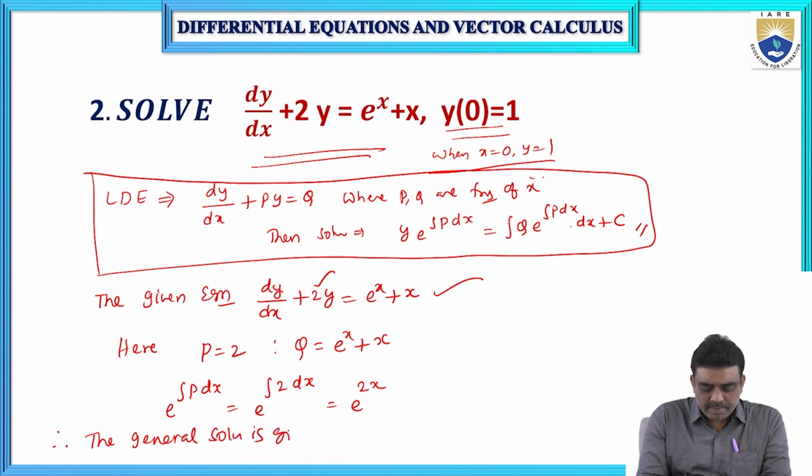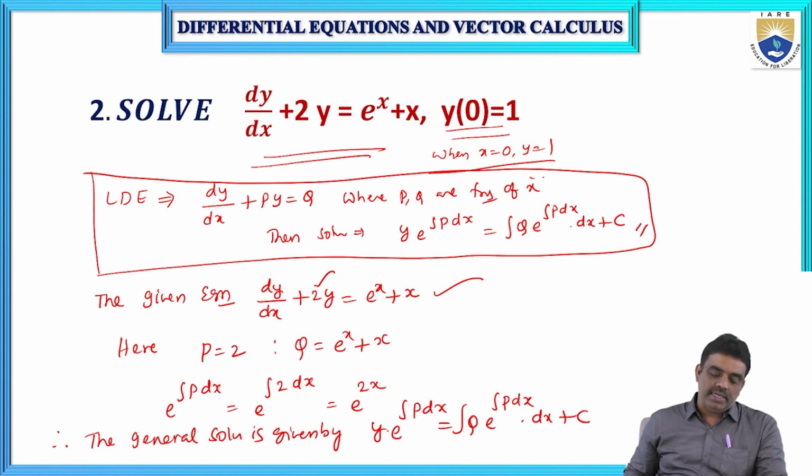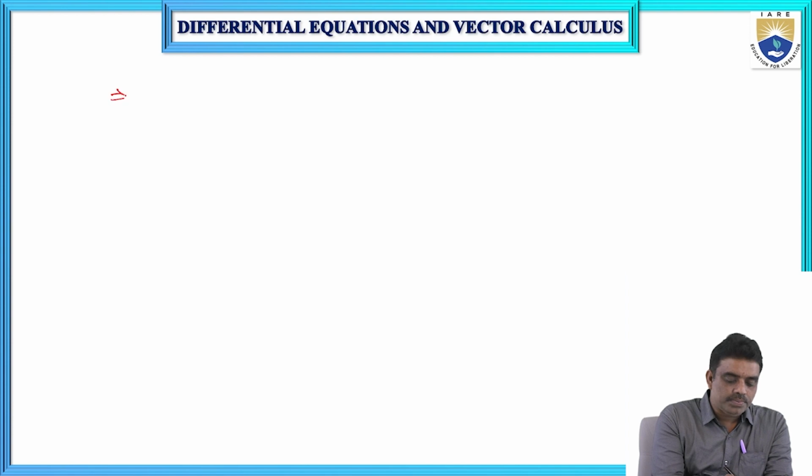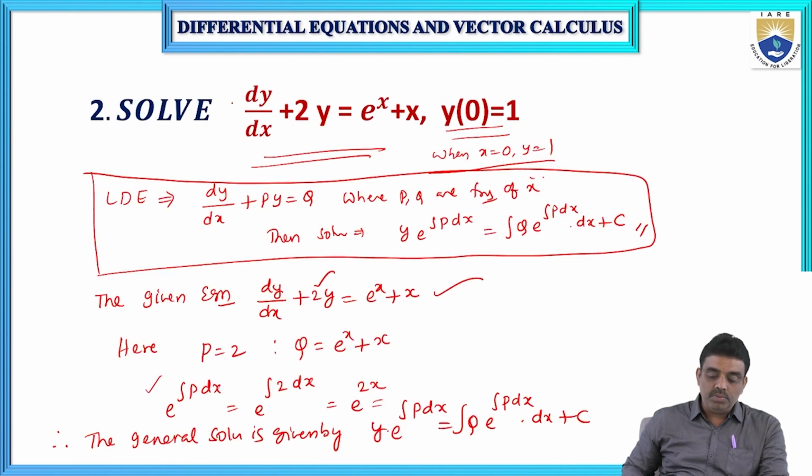therefore, the general solution is given by y into e^(∫P dx) = ∫Q into e^(∫P dx) dx + c. So I'll substitute everything. e^(∫P dx), already we have calculated the value e^(2x). So I will write y into e^(2x) is equal to the integral of Q. What is Q?